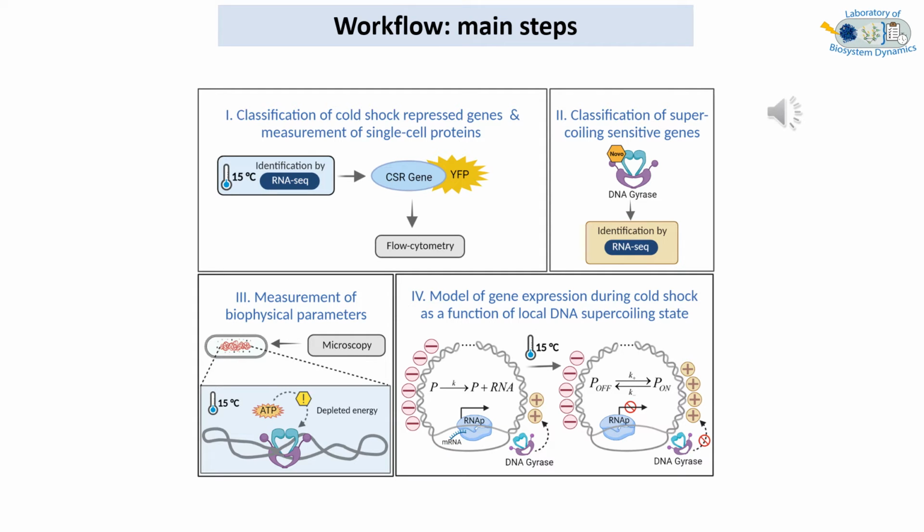We thus performed the following. We started by finding out which genes were strongly repressed during cold shock. For that, we performed an RNA-seq, which allows you to determine if a gene significantly changed its activity in a positive or negative way compared to a control condition.